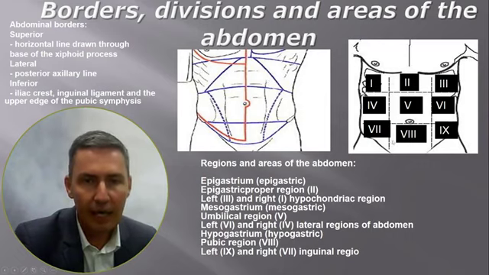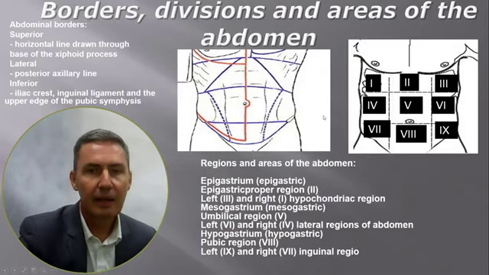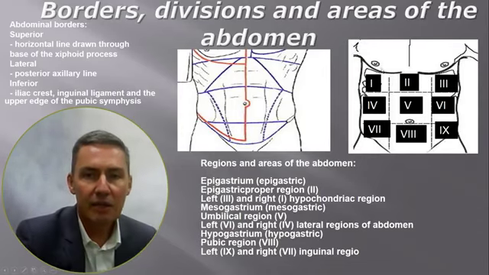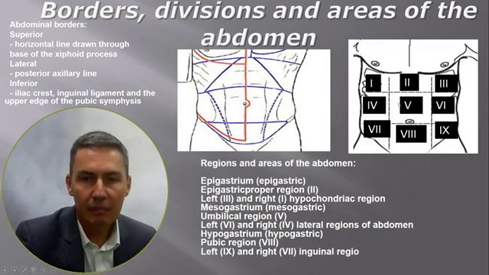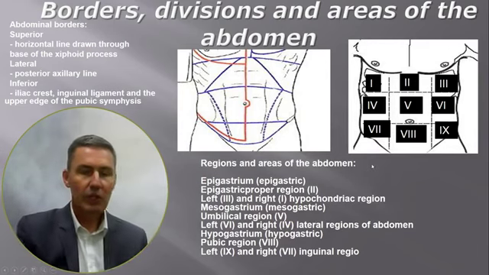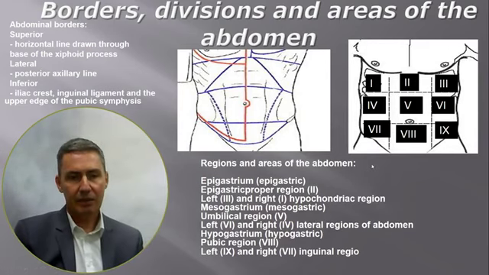In this way, the region of the abdomen is subdivided into 9 regions. 3 of these regions are unpaired and 3 of the regions are paired. So, the epigastrium is divided into 3 regions.